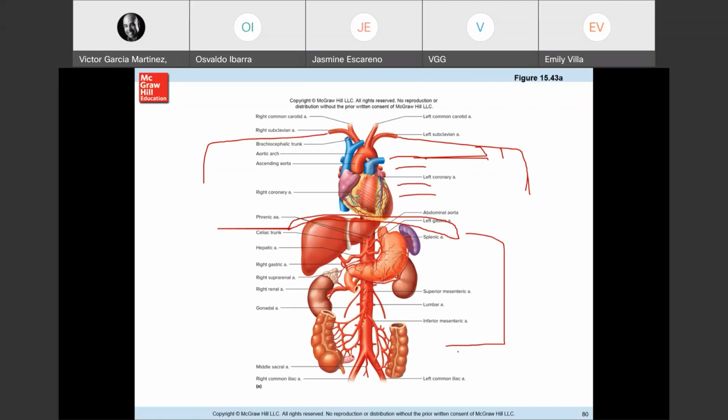And finally, for our lower limbs, we're going to talk about blood vessels from the iliac arteries. We have the left common iliac artery and the right common iliac artery. These two are for the lower limbs. Guys, pay attention because we're going to talk about the main arteries and veins in our body.